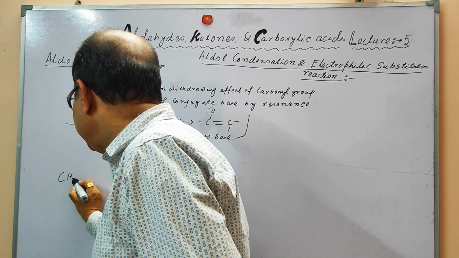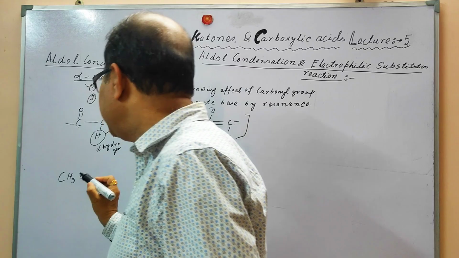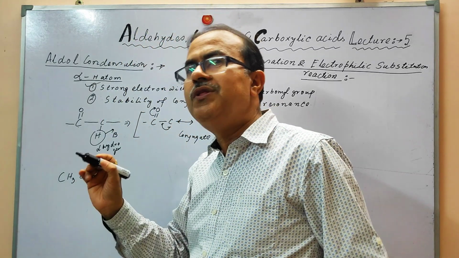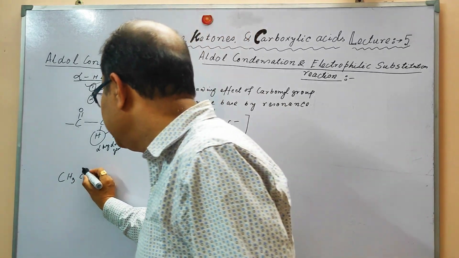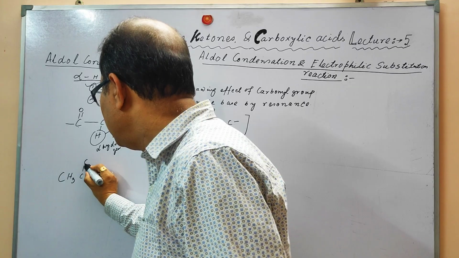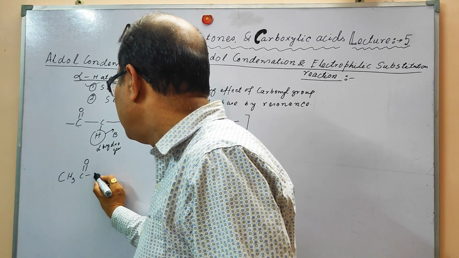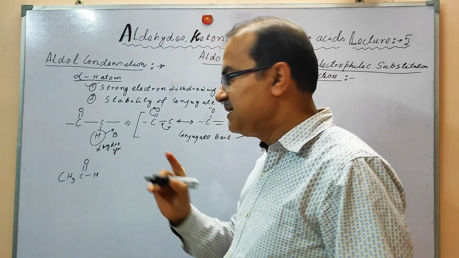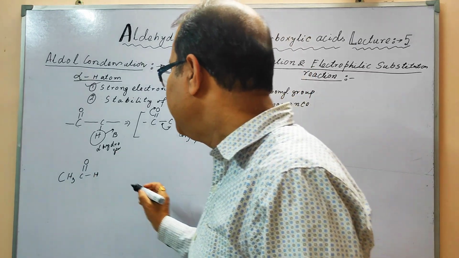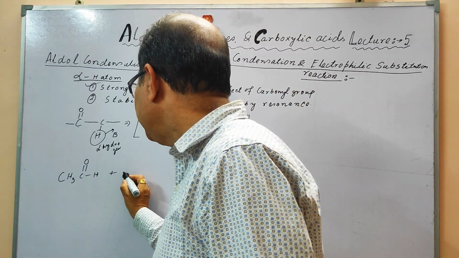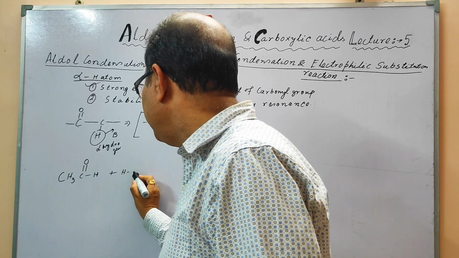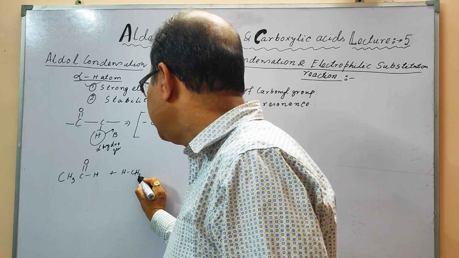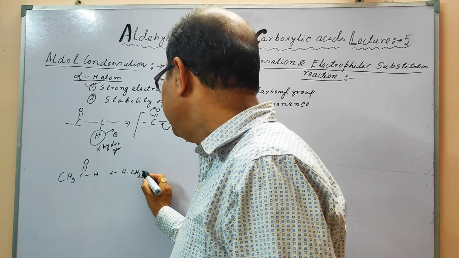Basically two molecules will simultaneously react with each other. This is one molecule of acetaldehyde, and here is another molecule of acetaldehyde, where this is the alpha hydrogen.